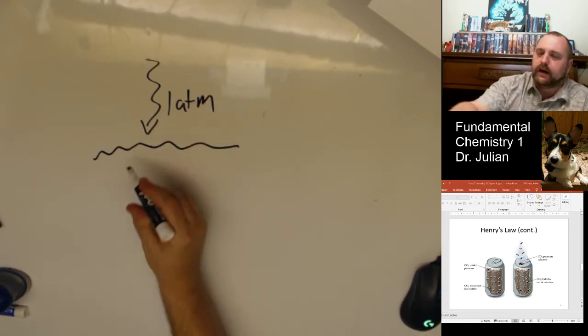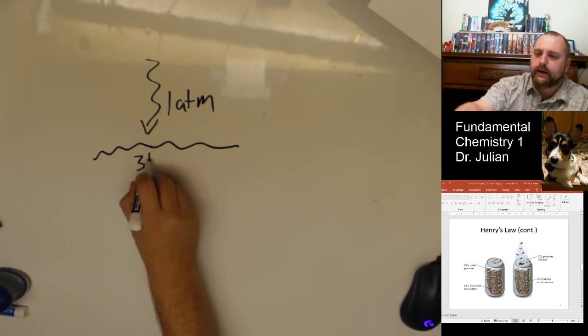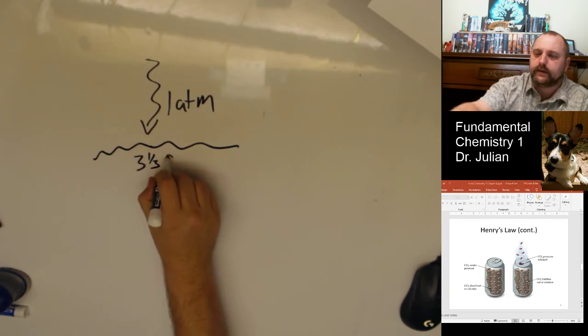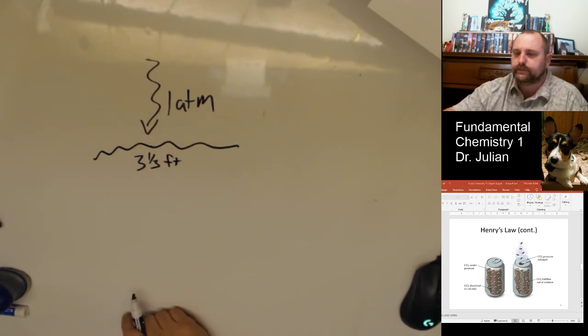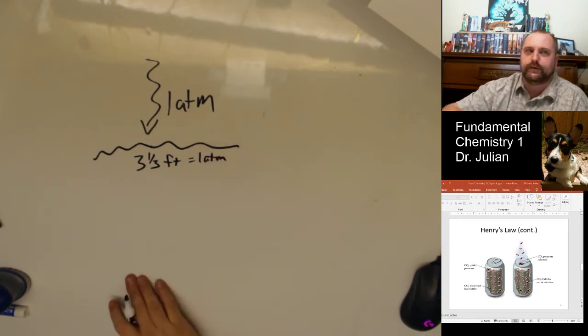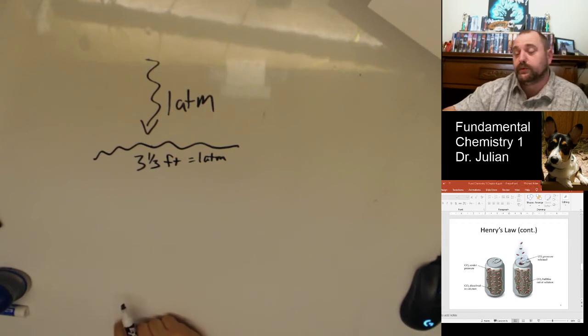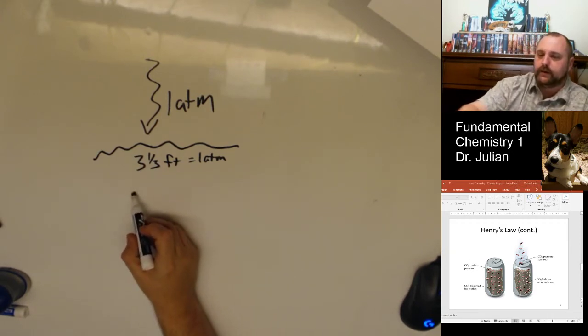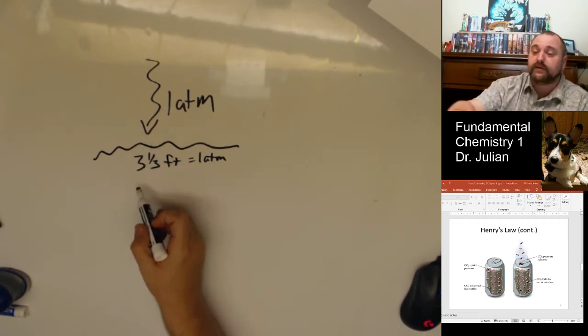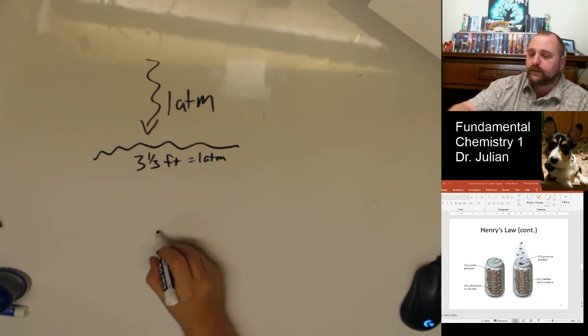All right, and then for salt water, if I go down 33 feet, then that's another atmosphere of pressure. So if I go down 33 feet, I'm under 2 atmospheres. I've doubled the pressure. If I go on down 66 feet, I'm under 3 atmospheres. And so you can see you don't have to go very far down before you're down here swimming.